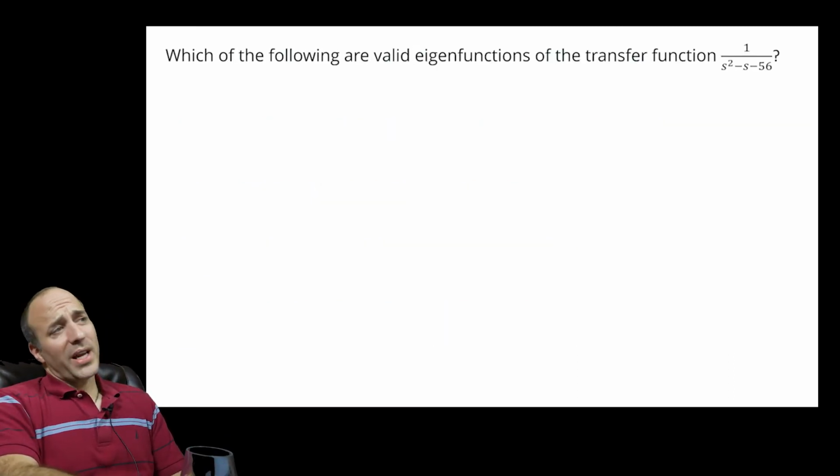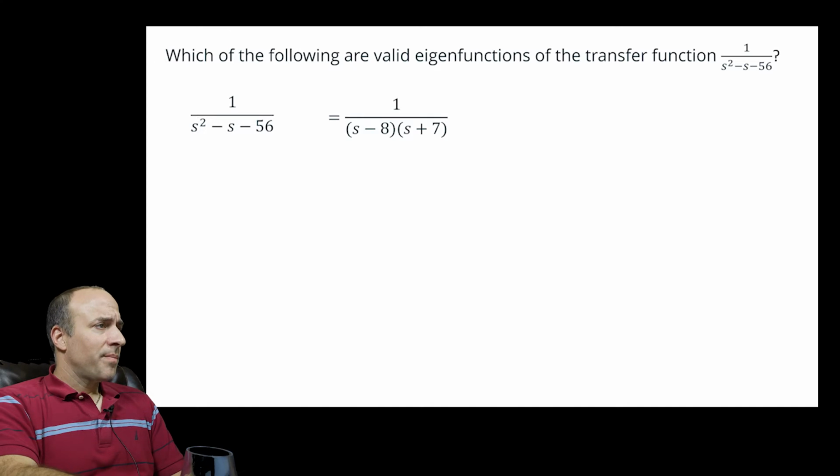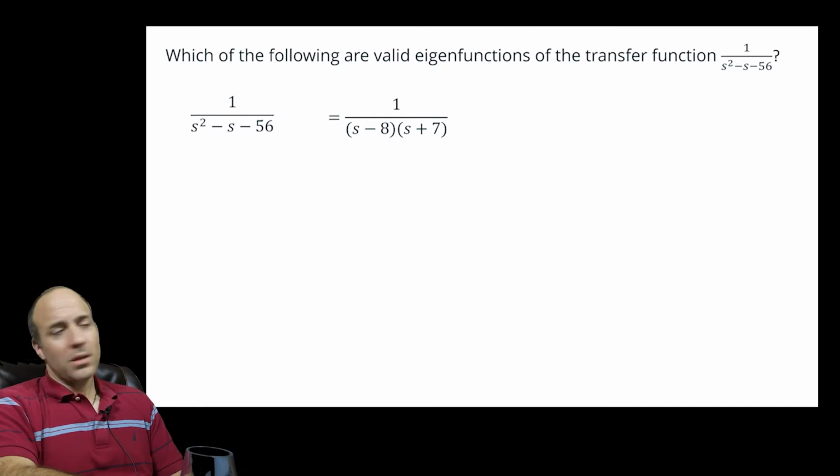Which of the following are valid eigenfunctions of the transfer function 1 over s squared minus s minus 56? So we factor the denominator to s minus 8 times s plus 7.